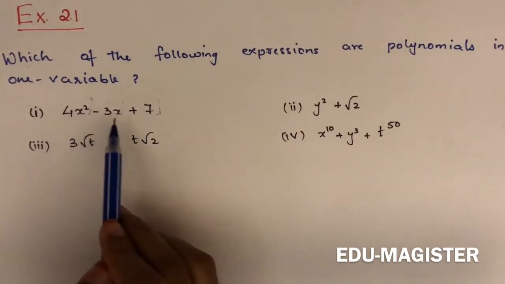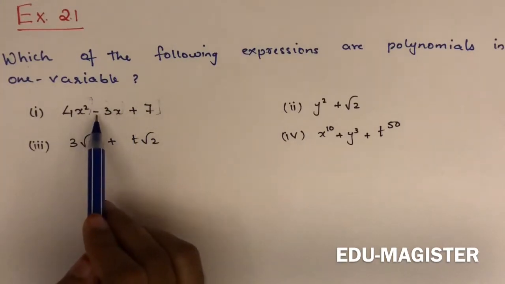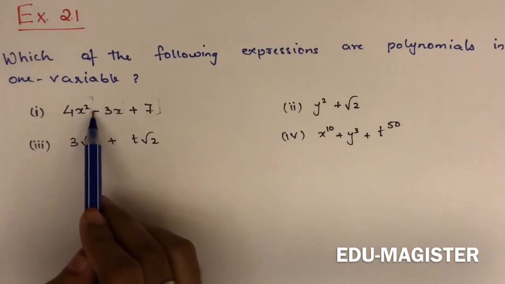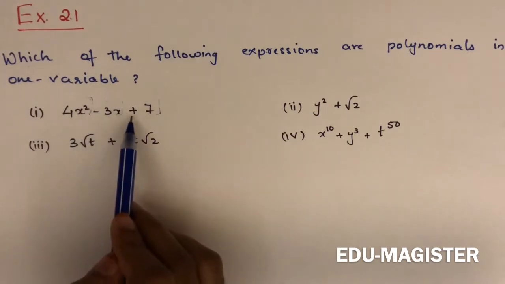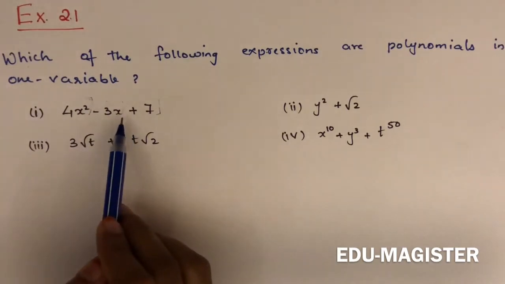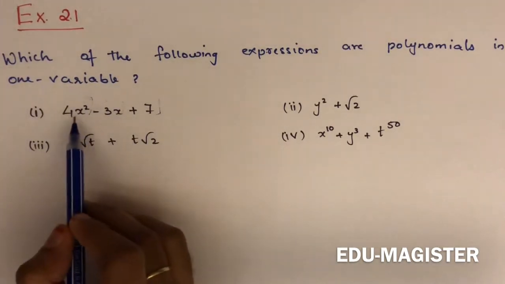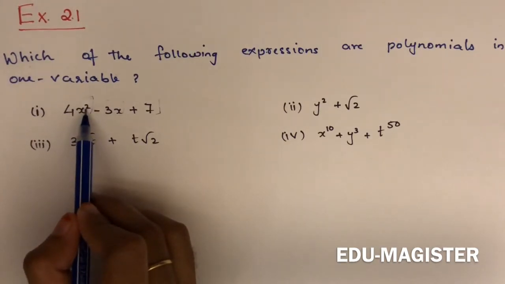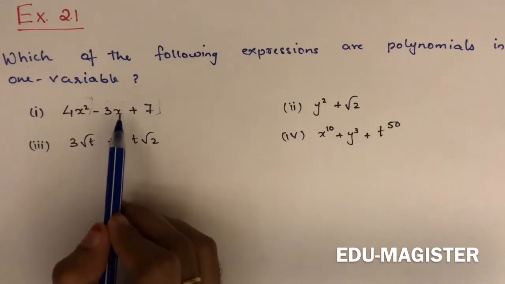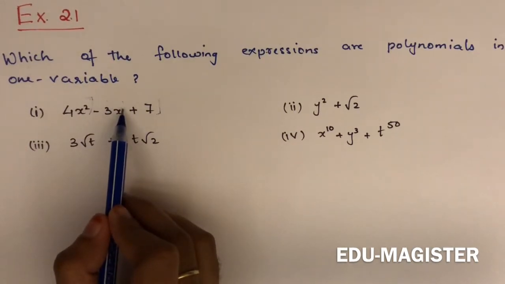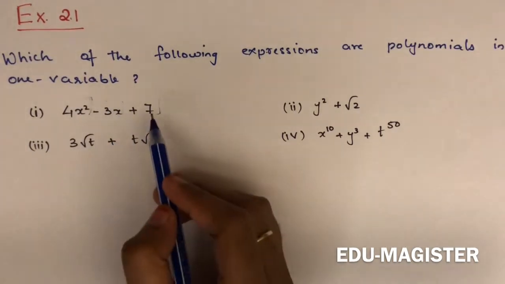The terms are separated by either a subtraction or an addition. Here in the first term, the variable has power 2, which is a whole number. In the second term also, the variable has a power that is a whole number.